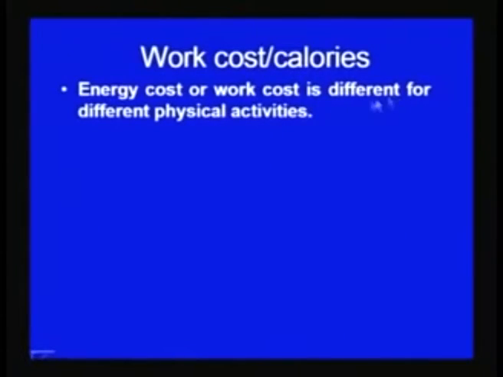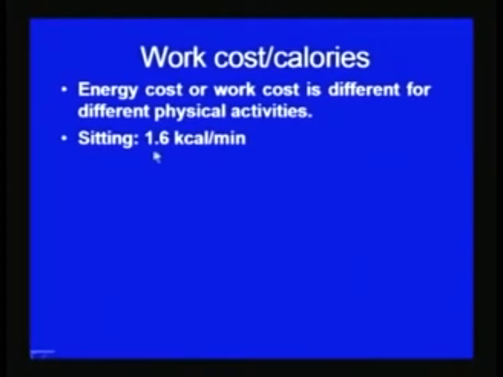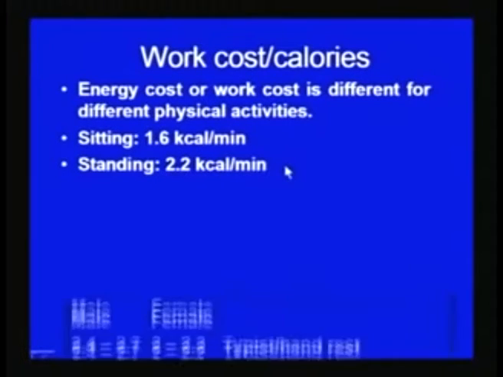The energy cost or work cost is different for different physical activities, because the energy required for carrying out very simple and light jobs will be less compared to those jobs which require a lot of force and an excessive amount of energy in their performance. For example, when a person is sitting, he consumes about 1.6 kilocalorie per minute, while in a standing position he consumes somewhat more energy, about 2.2 kilocalorie per minute.